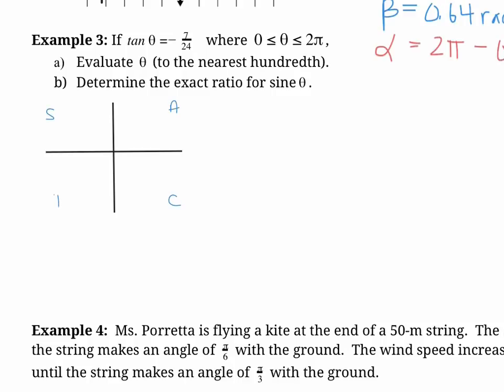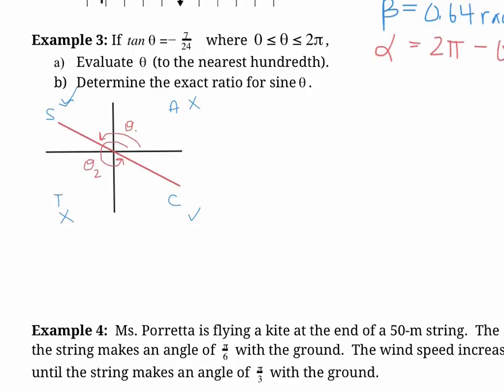Tan can't be negative here, tan can't be negative here either, because those are where tan is positive, which means that the possible values for theta must exist in quadrant 2 and quadrant 4. Which means here are our possible measures for theta. Our theta 1 is this guy right here, that's going to be in quadrant number 2. And our theta 2 is going to be here, that's going to be in quadrant number 4.